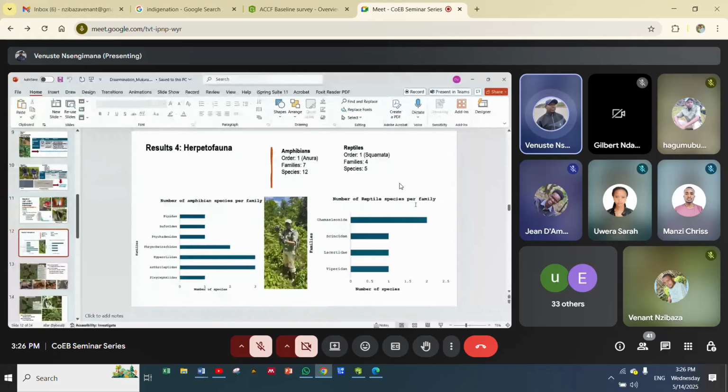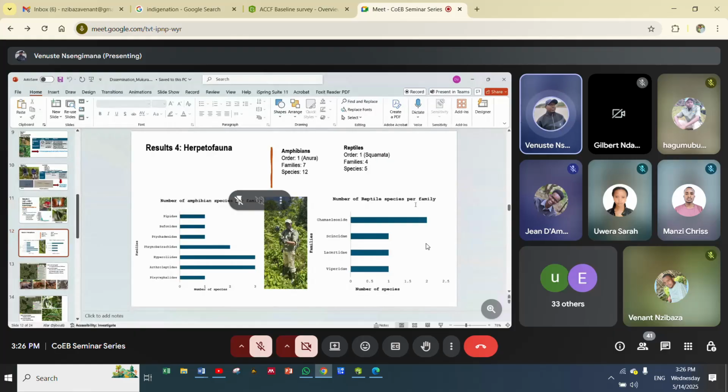One order of amphibian was found with 7 families and 12 species, while reptiles were found one order, the order of Squamata, with 4 families and 5 species.